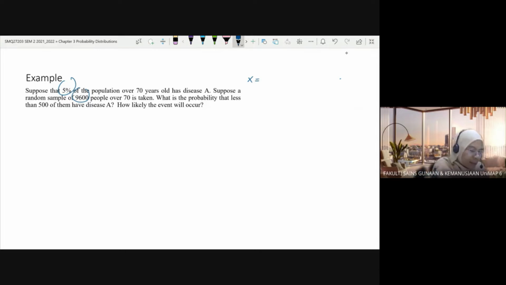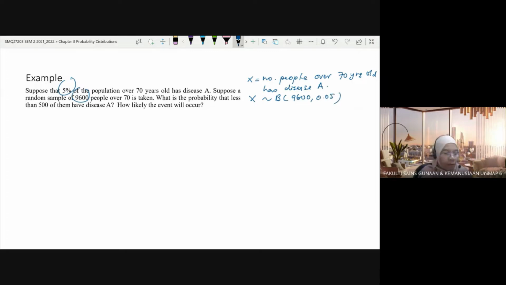We know that X in this case is the number of successes, and the number of successes for this binomial distribution refers to the number of people over 70 years old who have disease A. This number of successes follows a binomial distribution with the number of trials 9,600 and the probability of success 0.05. These are the two most important pieces of information that you should extract from the given question.